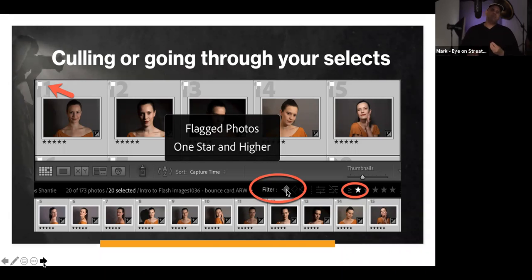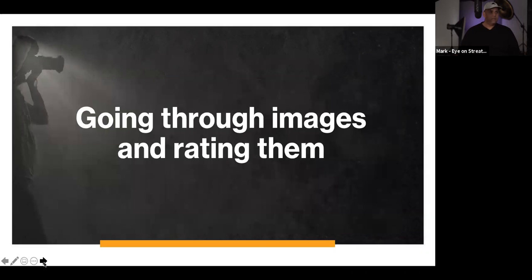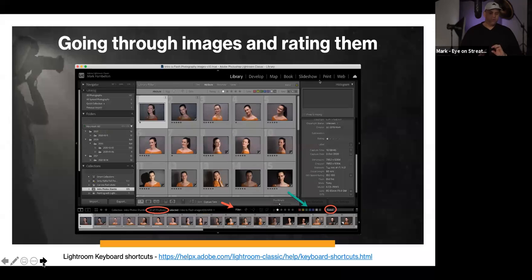So when it comes to culling, sorting your images, there are a few different methodologies. I like the star rating system, but you can use either the star rating or the pick filter button or the flag button, whichever works best for you. Great. So I think that covers all of those key points.